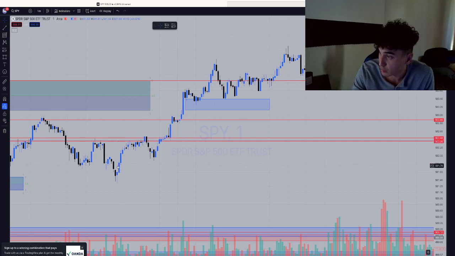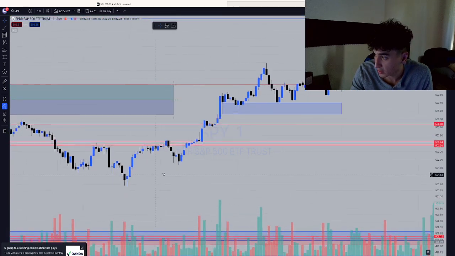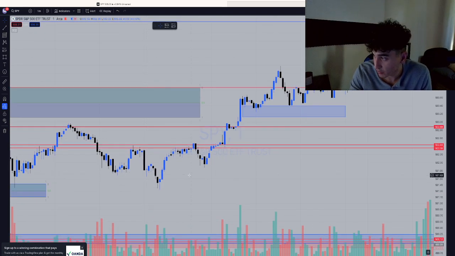But in this move right here, you can see that this first candle and this third candle are not touching each other. You can see there's a simple gap in this 3-candle move. It's a noticeable gap, and the candles aren't overlapping. So this is how bullish fair value gaps are created.